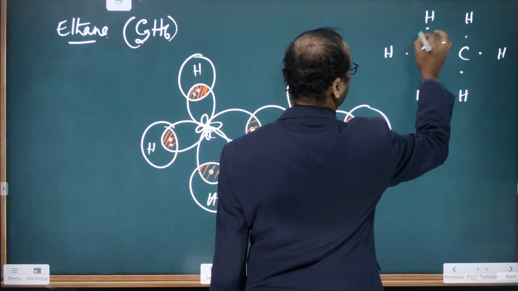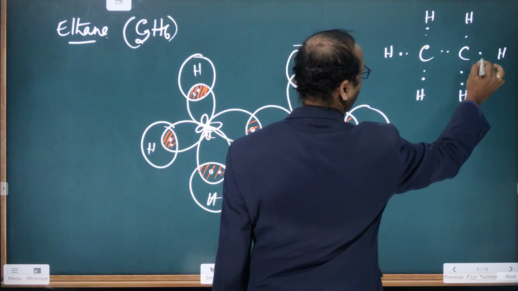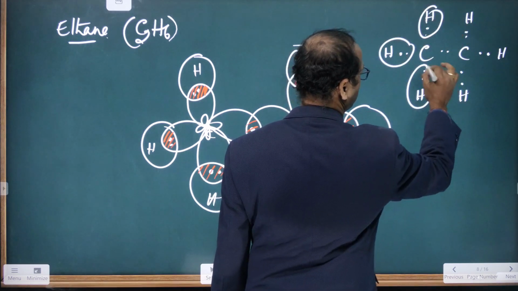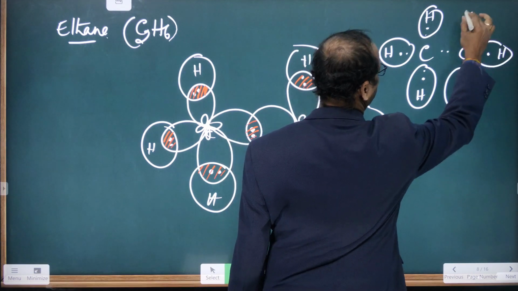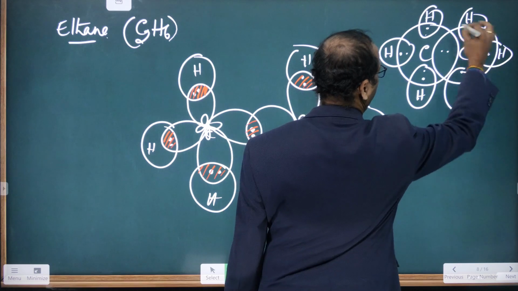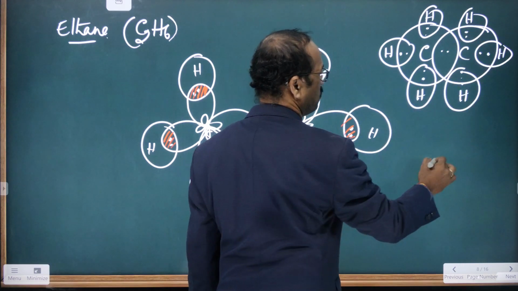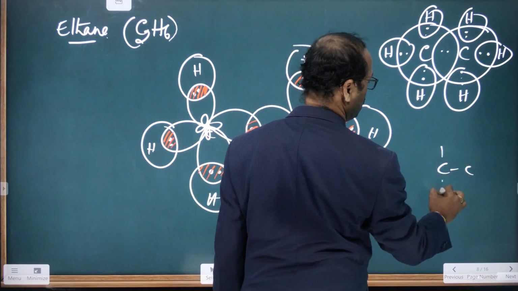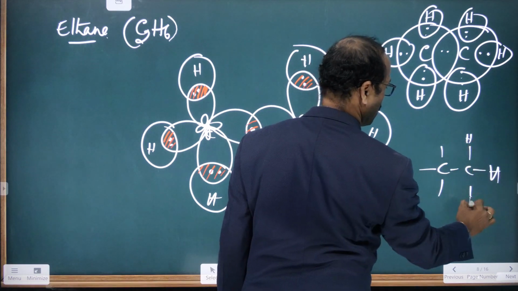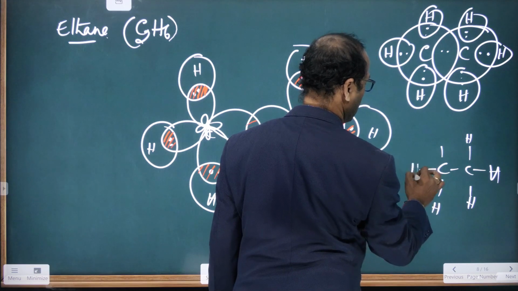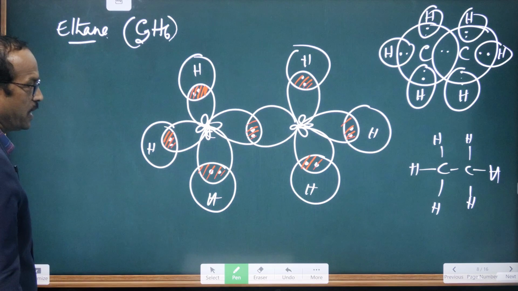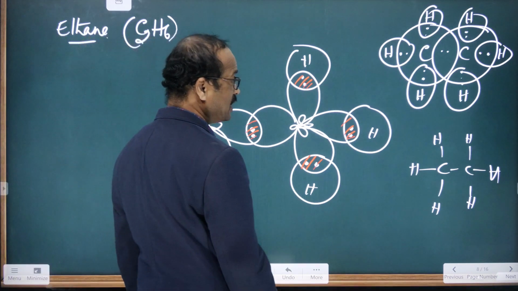Every hydrogen has one electron, so they share like this. Simply, you can write carbon, carbon, like this. This is the structure of ethane.